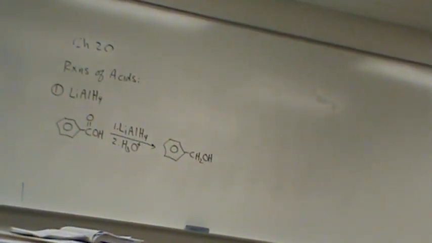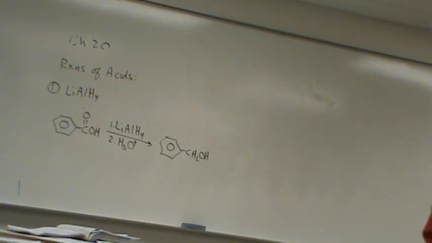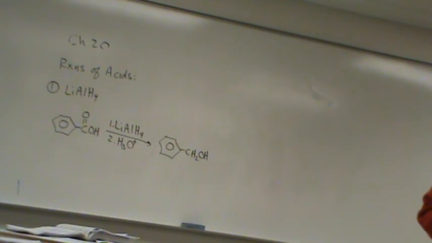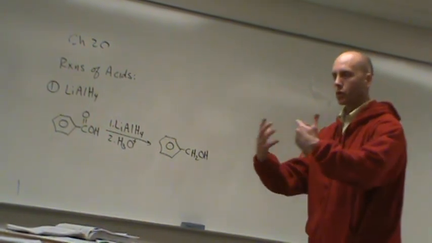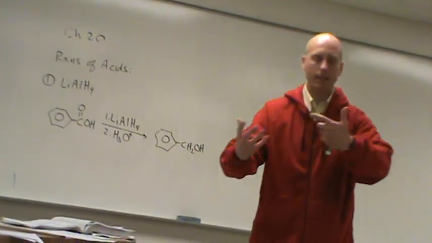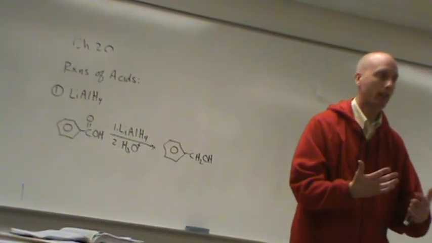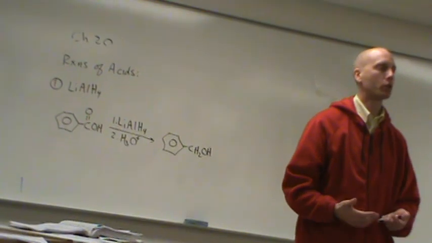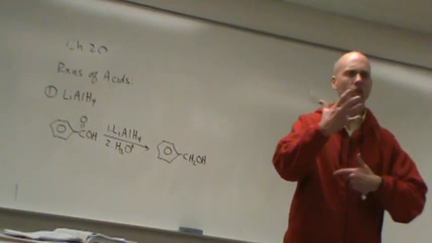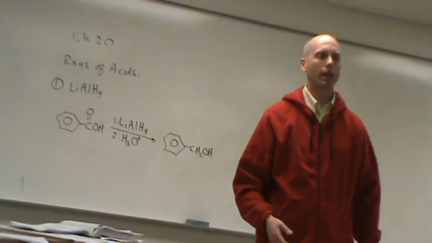Any questions on that reaction? Okay. So you can see as we learn organic chemistry, you can see how reactions you learned in one chapter of the book come back and they're right there again in another chapter, just on a different functional group. So all this kind of comes together after a while.